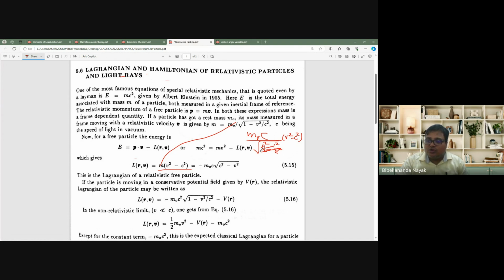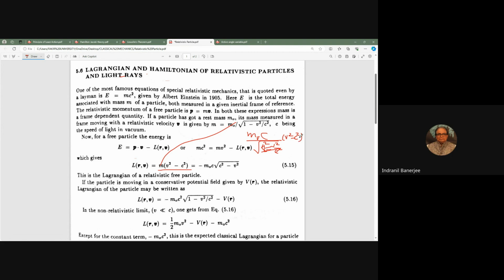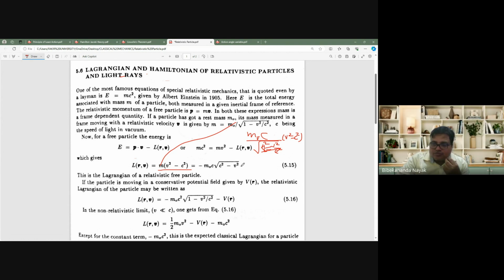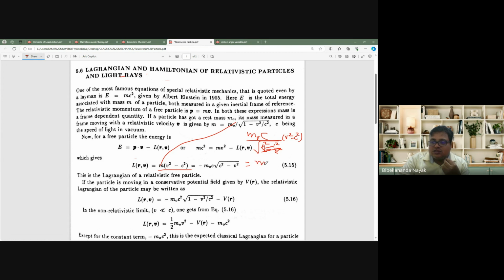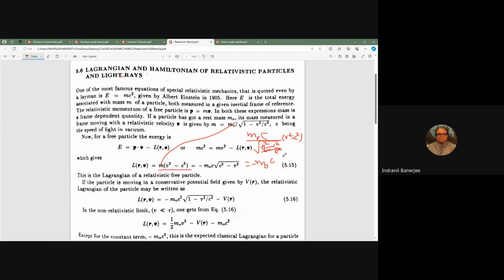Okay. But we know square root of c square minus v square into square root of c square minus v square is equal to c square minus v square. So it will be actually m0 c, since it is v square minus c square, taking minus common, it will be c square minus v square, and denominator is root over of c square minus v square.